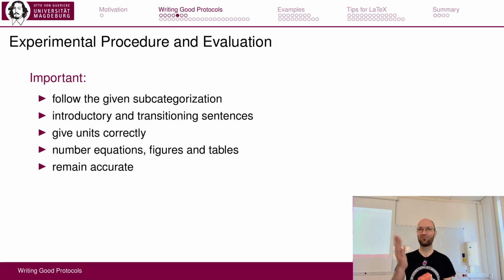Why is it useful to number them? To reference them, to later say, okay, if we now take equation 2, insert it into equation 4, we get the next equation. Right? And the same is with figures and tables.